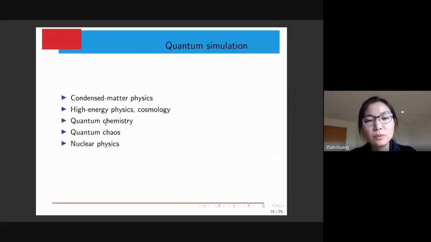So we may want to use quantum simulation to perform quantum chemistry so that we can gain some insights into chemical reactions and potentially help design pharmaceuticals. You might know that designing a particular drug is very expensive in time and resources. We have people who are physically trying to make drugs in the lab, but if we can use a quantum computer to help design these drugs, this may be very beneficial. And there's also quantum chaos and nuclear physics, which I won't talk too much about.